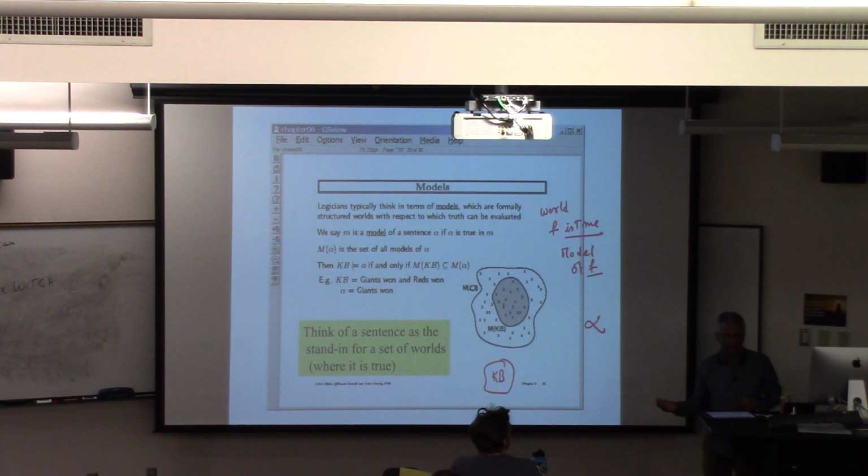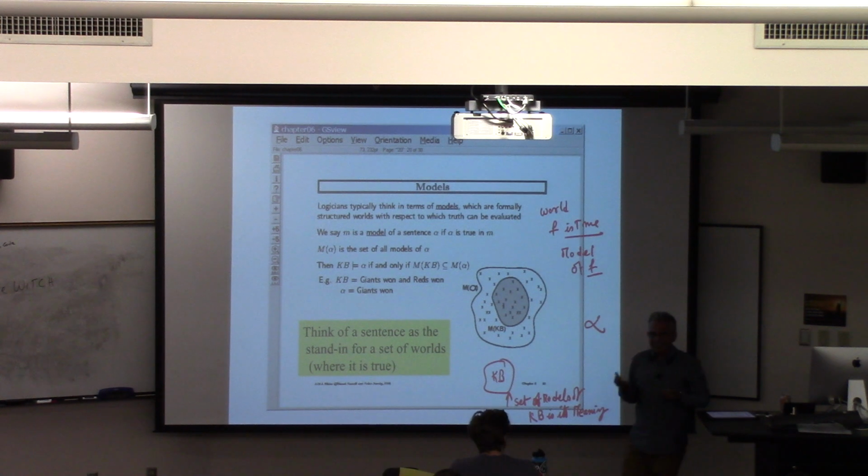That means, is it entailed? Knowing KB, can I write alpha? Knowing Mary and Tom came to the party, can I write Mary came to the party? So the question then is, this particular set of models of KB is its meaning.